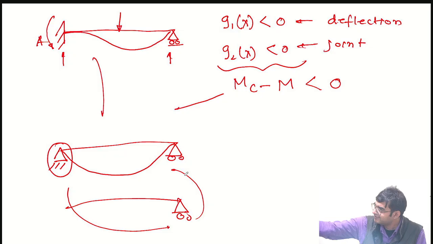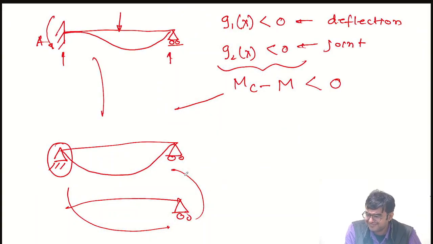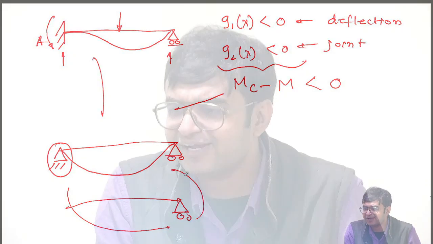I can take it one step ahead. I was saying that the joint was defined in terms of moment. Let us define the joint in terms of shear force or reaction force, but at the right end. What will happen if that fails? It will become a cantilever beam now from propped. It will still be able to carry load.